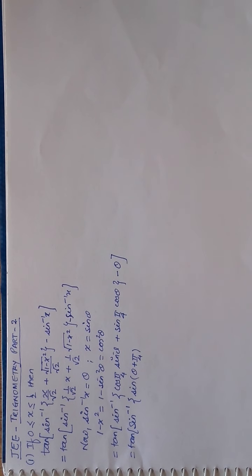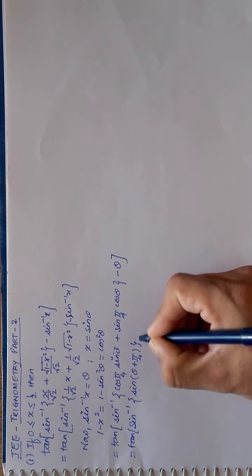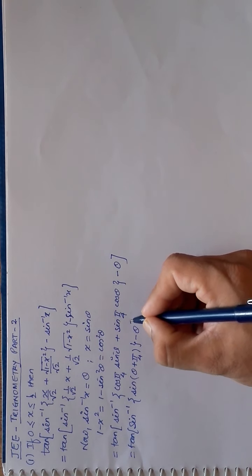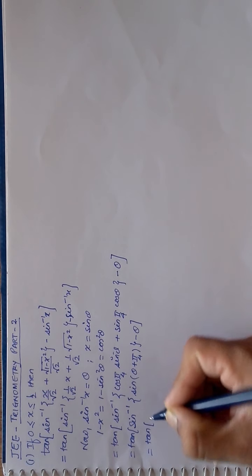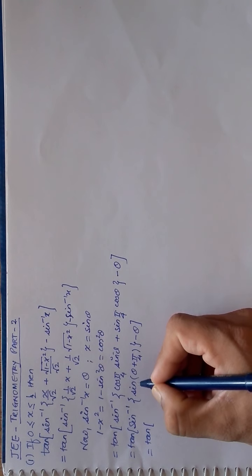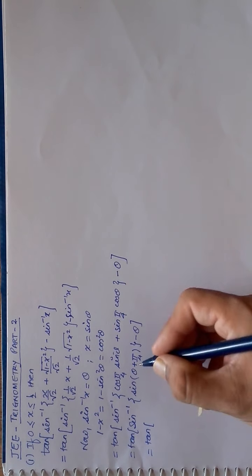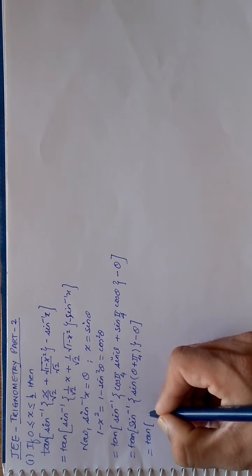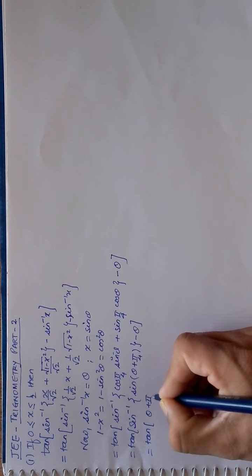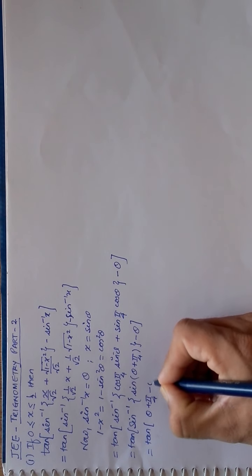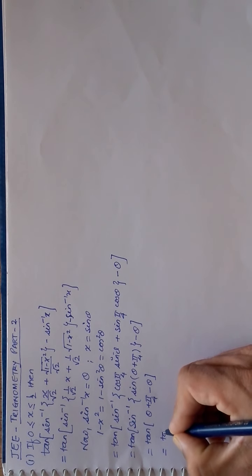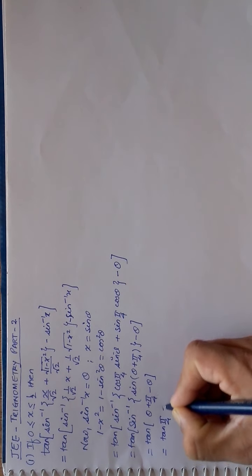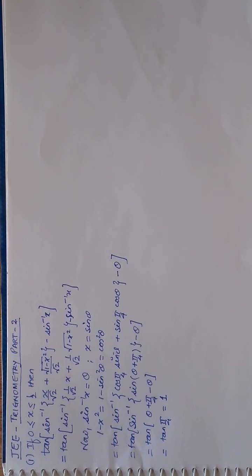Agreed? And this minus theta over here. So this becomes tan of sine inverse sine theta is theta, which will become theta plus pi by 4, and then minus theta, which only remains with tan pi by 4, that is nothing but 1. Wasn't it simple, guys?